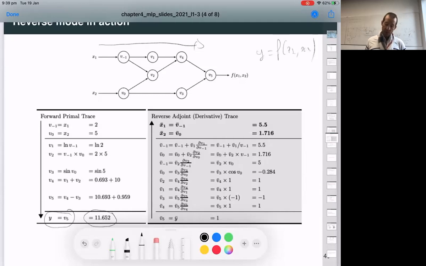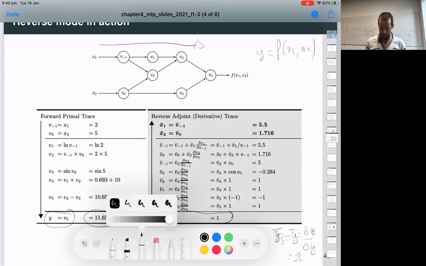And now we do the reverse. We start with this first stage, which is always the same: y bar is the derivative of y with respect to y, so it is equal to 1.